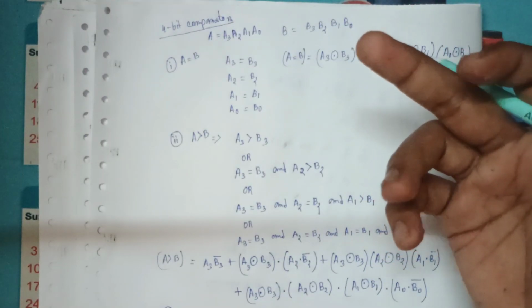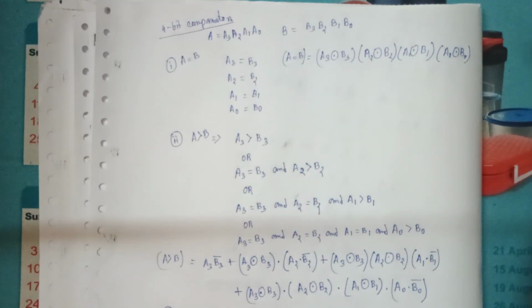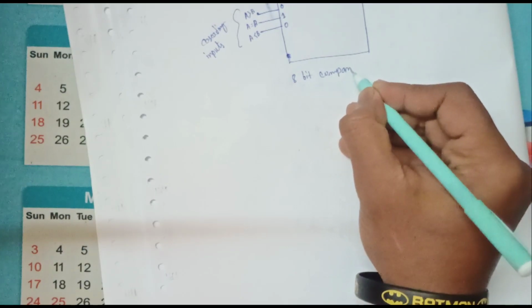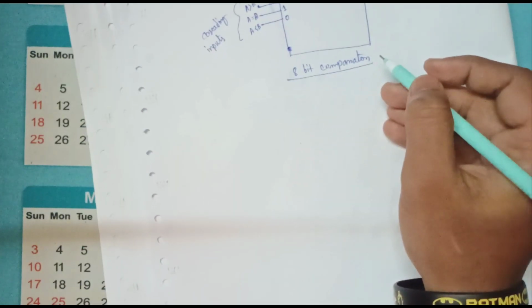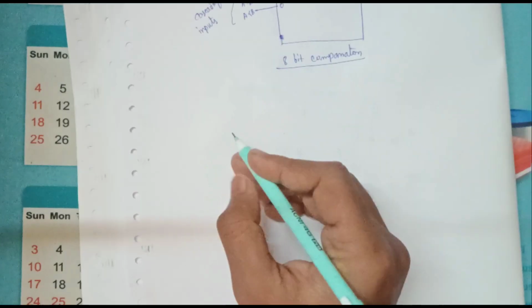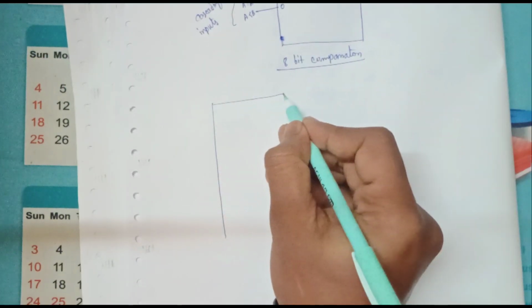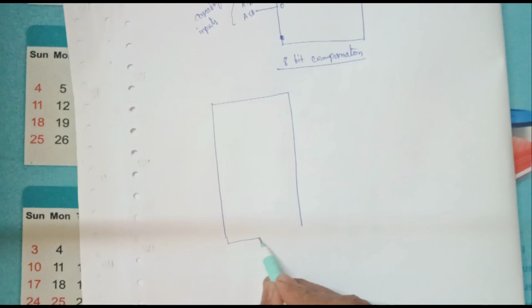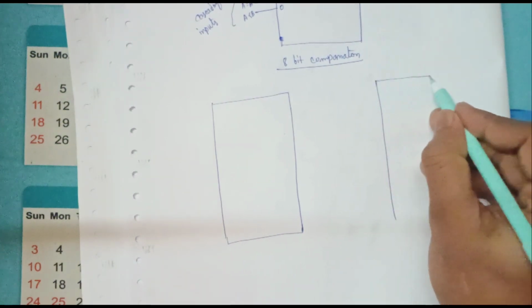Now let's see the block diagram of this 7485 IC comparator, then it is easy to make. Just see. Draw two 4-bit comparators.